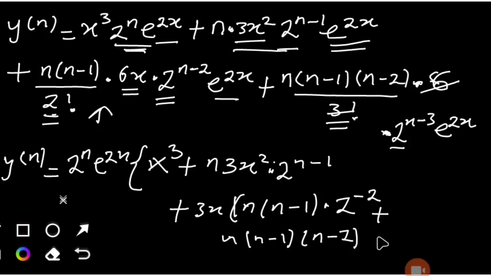Then I'm left with 2 raised to the power minus 3. Since 2 raised to the power n and exponent 2x are already outside, I can now close the bracket.